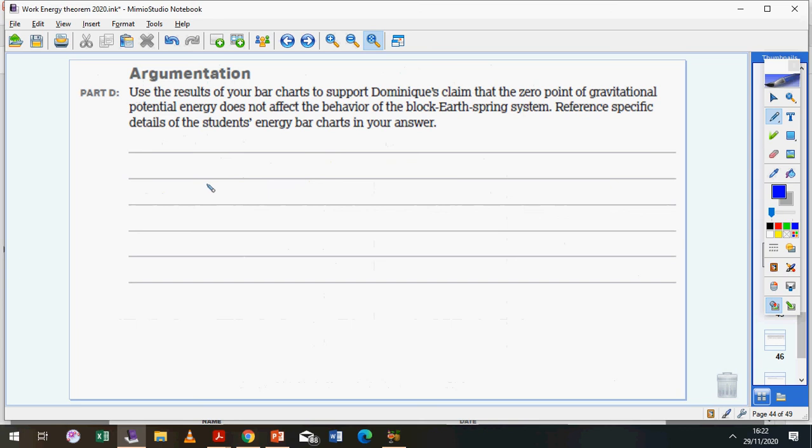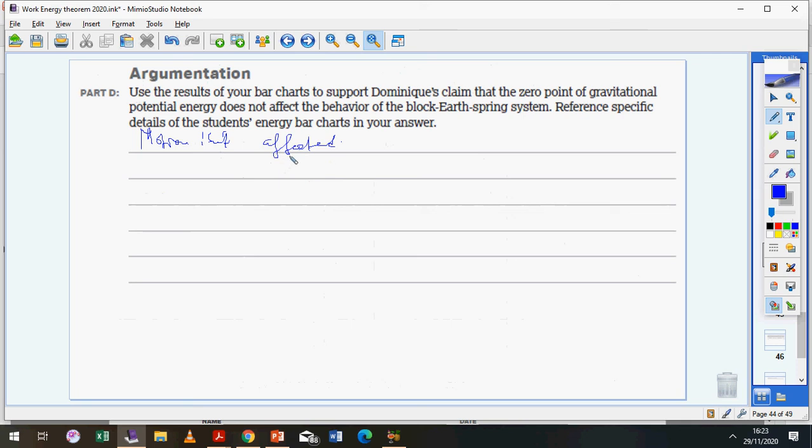So we can see here that the choice of 0 does not affect the motion of the block. The motion isn't affected because it doesn't matter where the 0 is, the object still goes down when it's released and it still goes back up, like it will keep oscillating or bobbing.